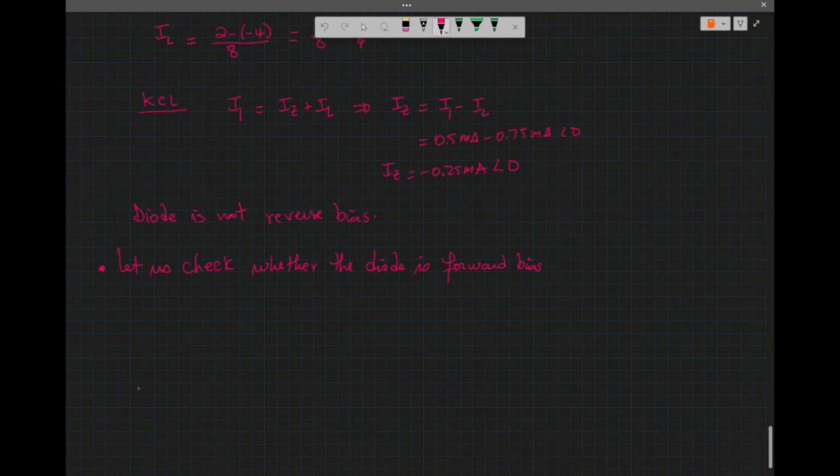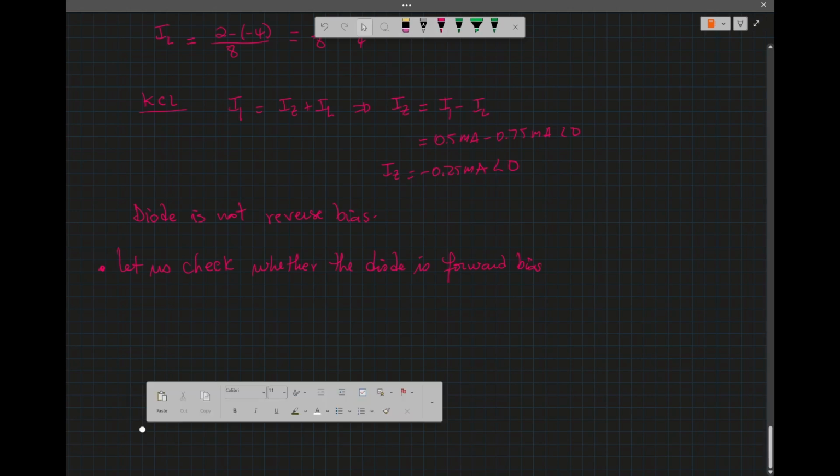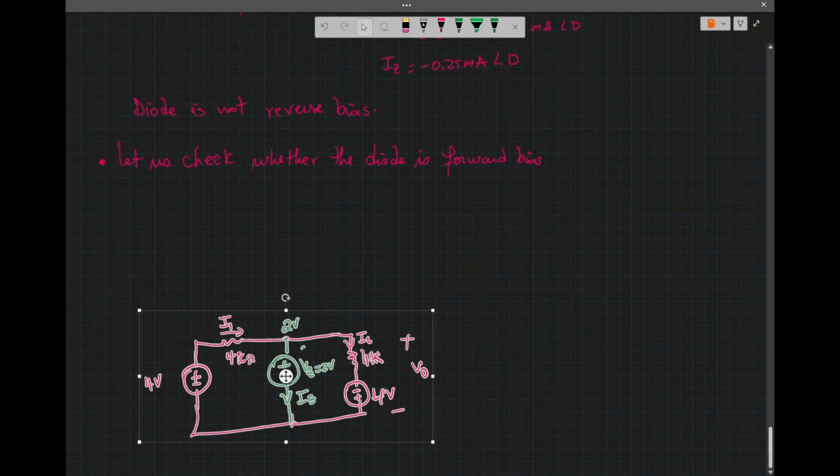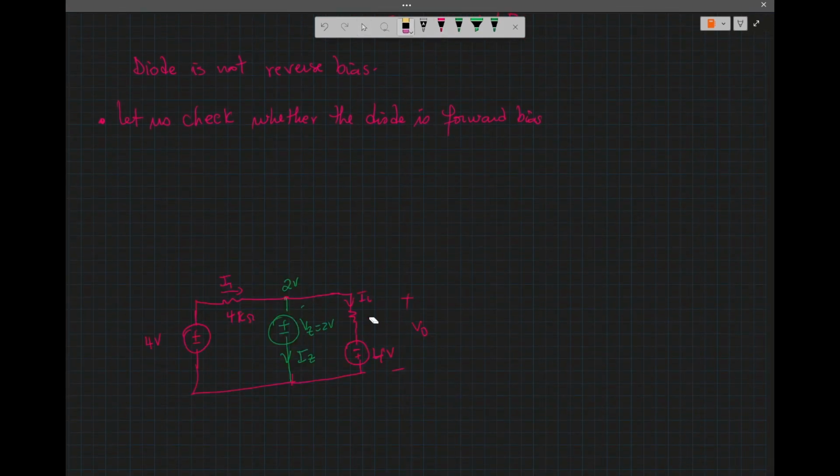We have this. So you know what? I have this network. I'm just going to paste it here. And this was 8 kilo ohm. And the diode we assume now is forward bias. That means ID must be positive.